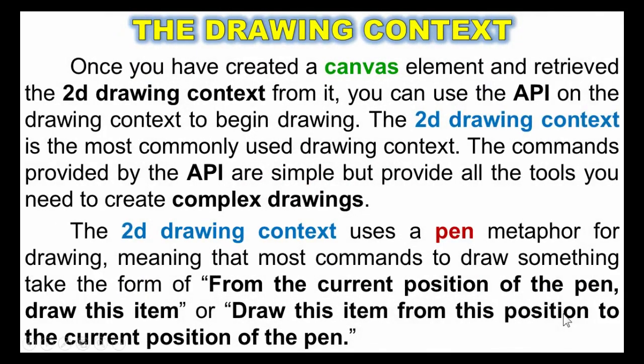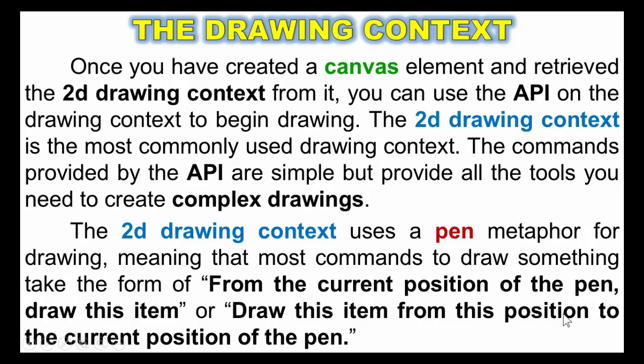The drawing context. Once you have created a canvas element and retrieved the 2D drawing context from it, you can use the API on the drawing context to begin drawing. The two-dimensional drawing context is the most commonly used drawing context. The commands provided by the API are simple but provide all the tools you need to create complex drawings.